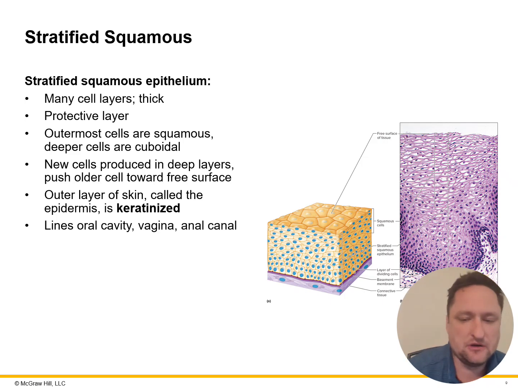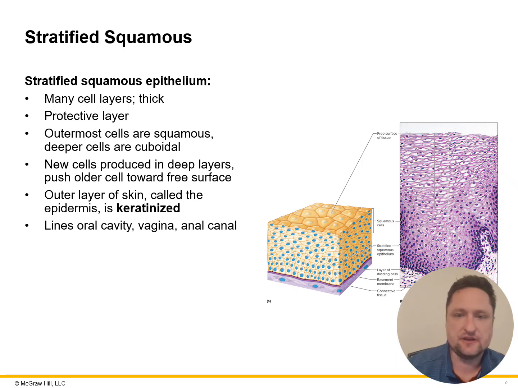All right, let's get into our stacked ones. Stratified squamous epithelium. Okay, now these are composed of many layers, which you can definitely see, both pictures show it, but definitely the microscopic picture shows it. And this helps provide durability and protection against mechanical stress.